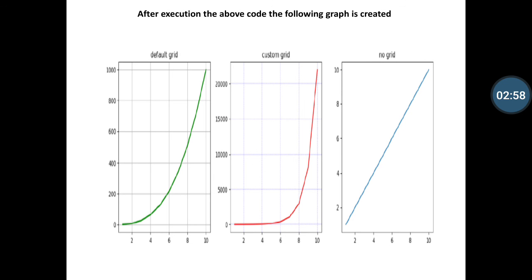You can see that after the execution of the above code the following graph is created. You notice that I am defining 3 colors according to the numbers defined in our previous code.